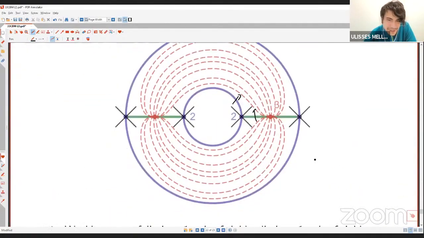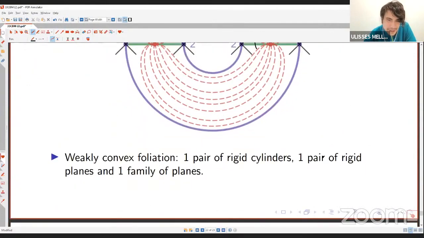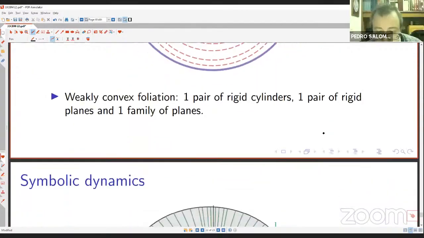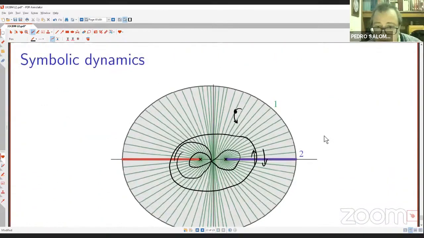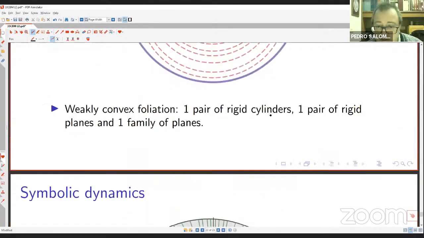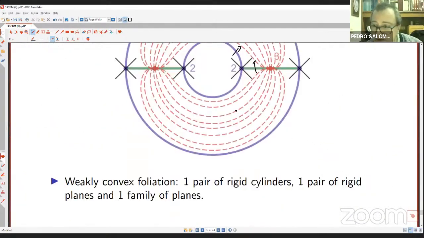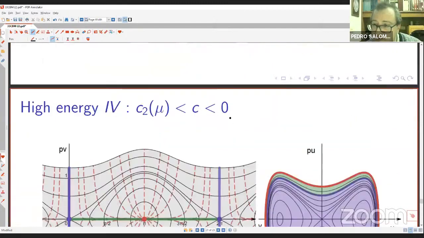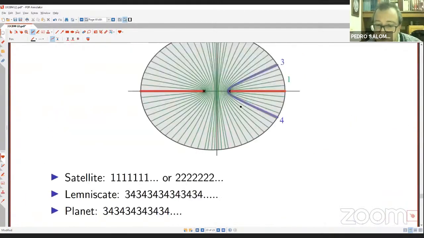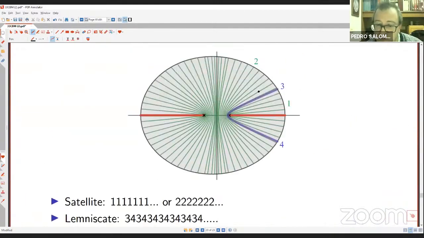In this picture, which is the intermediate range of energy, you still have the Lyapunov orbit here, which is the hyperbolic one, and you still have this region that we see in between the collision orbit, the red one here.